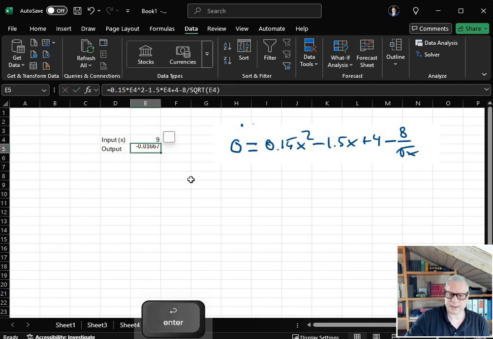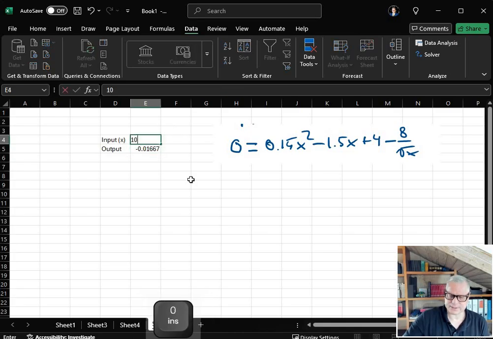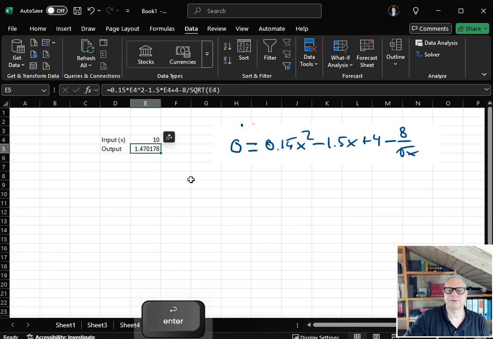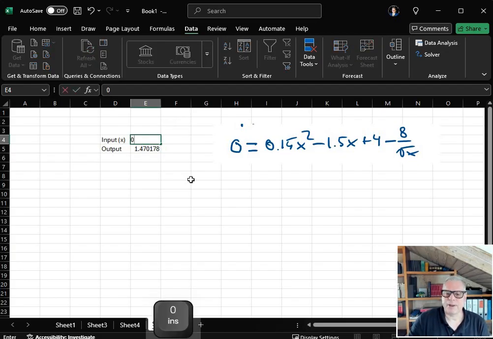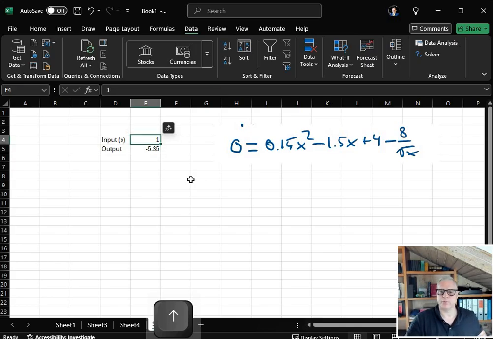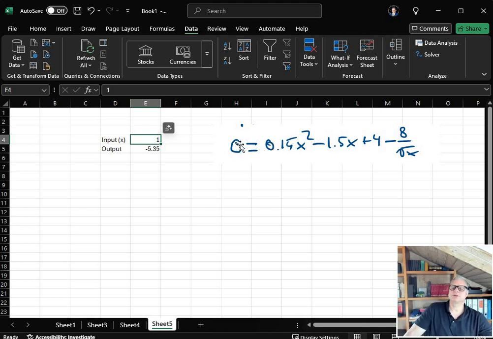Maybe 9. Ooh, maybe 10. Oh, it must be between 9 and 10. But of course, I don't want to play around with the cell E4 and check all values until I get 0, because this is essentially what goal-seek does.